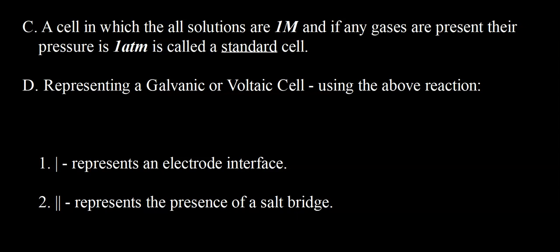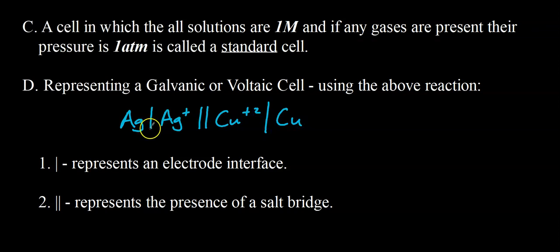All right, next up we have shorthand notation for galvanic cells. For the galvanic cell that we just diagrammed, the shorthand notation would look like this. The single line between Ag and Ag plus, and between Cu and Cu 2 plus, represents the electrode interface.